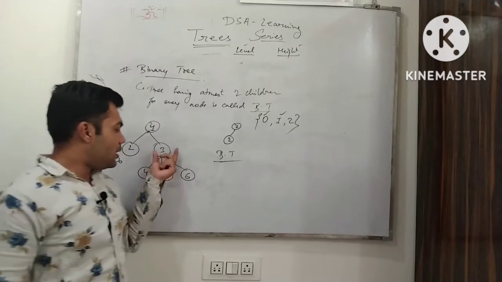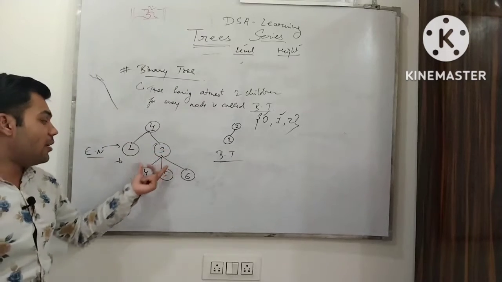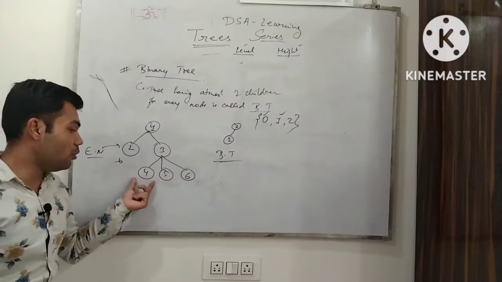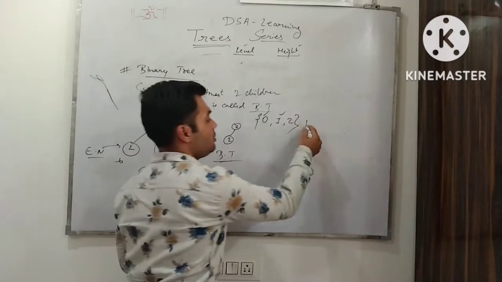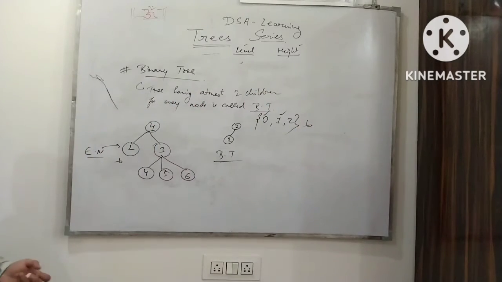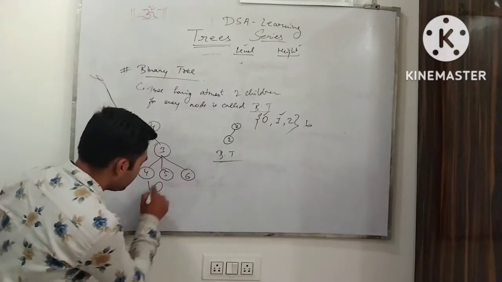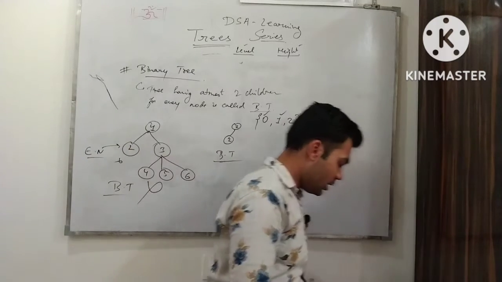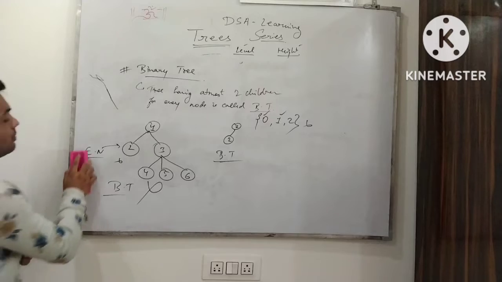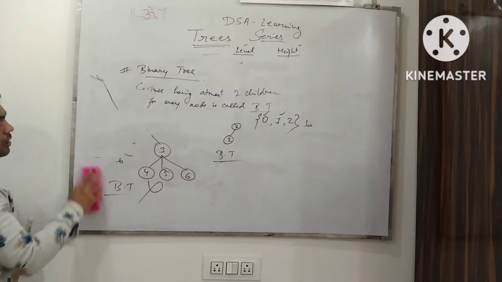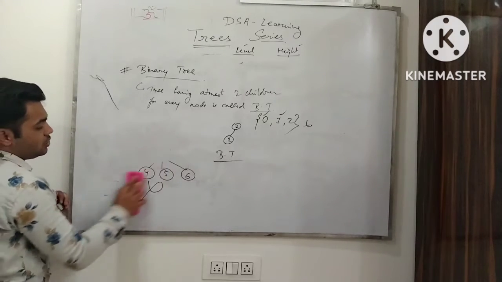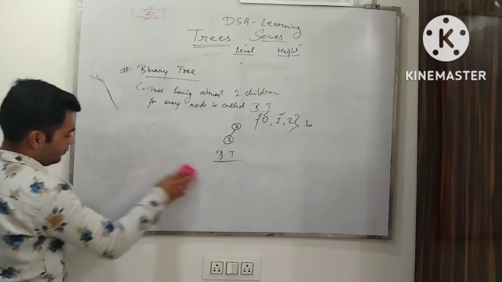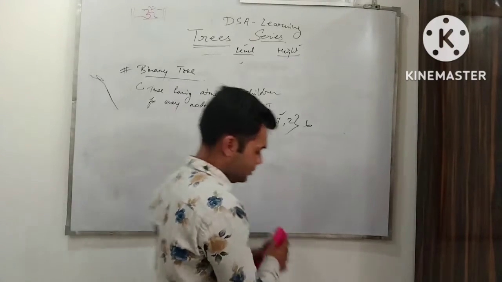But 3 has 3 children, 4, 5 and 6, which is not allowed. So this is not a binary tree. Okay, I hope you understand this concept, and I will keep moving ahead towards the next topic.